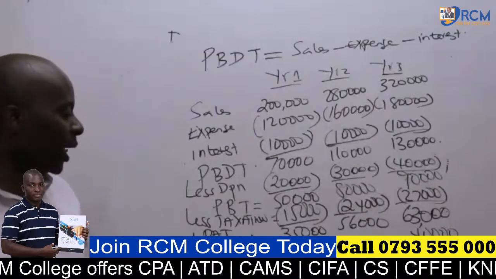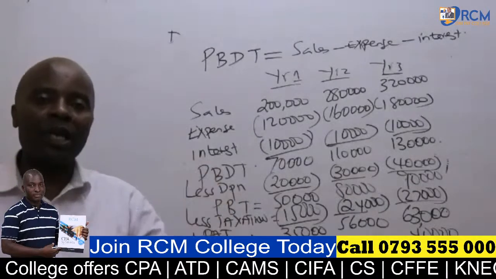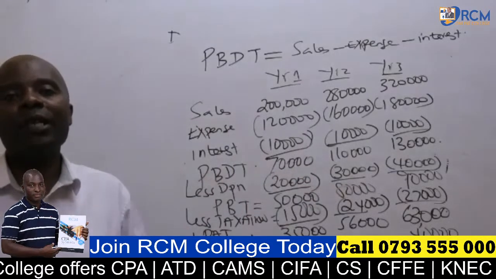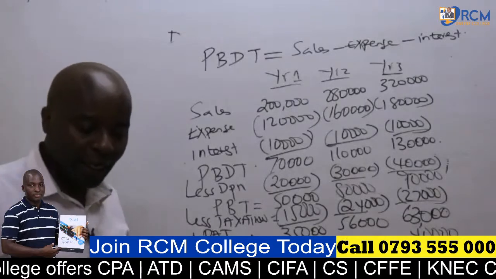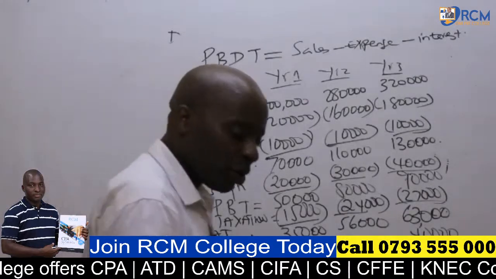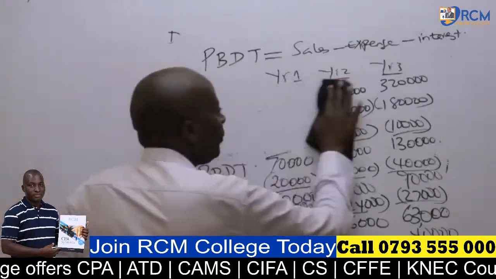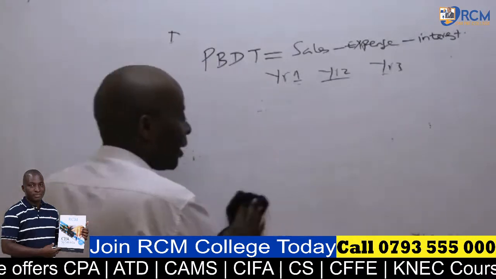Out of these cash flows we get, some of these cash flows have to be retained by the organization for growth, future growth, further expansion. So after you get these operational cash flows, please go ahead and subtract what we call the replacement cash flow.